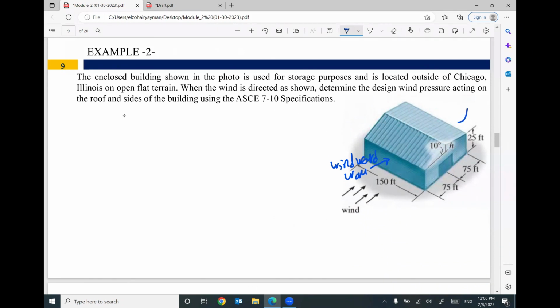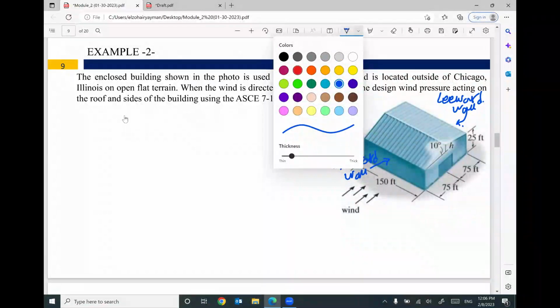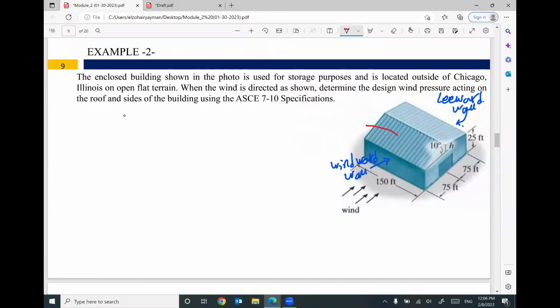The other side will be called the leeward wall. The top of this building, this side will be called the windward roof, and this side will be called the leeward roof. If you have any question at any time, just let me know.